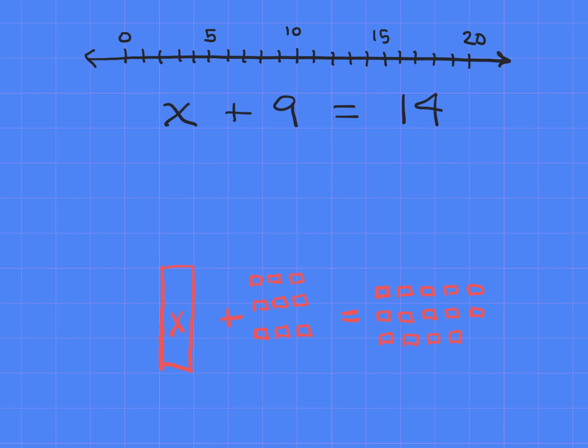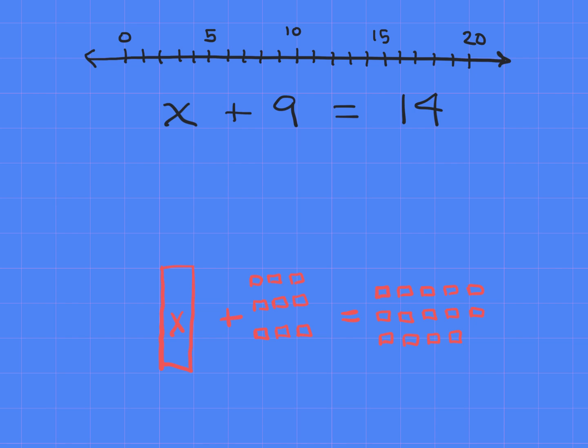You would have a box, and you would have to figure out what number plus 9 equals 14, or maybe there was a question mark inside. Because we are in middle school, we learn it as a variable. x is the value of a number that we do not know, and that is what we're solving for. That's really what a lot of math is: solving for something that we do not know.